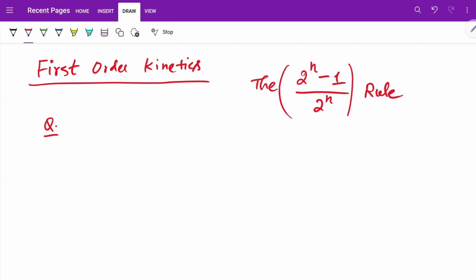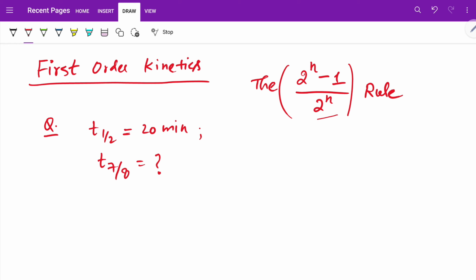Half-life for first order reaction, suppose it is given T half is 20 minutes and you have to find time for 7/8. This you have to calculate. Just apply this formula. But the trick is power n, that means whatever is the denominator, that must be a whole complete power of 2. Let us see how.